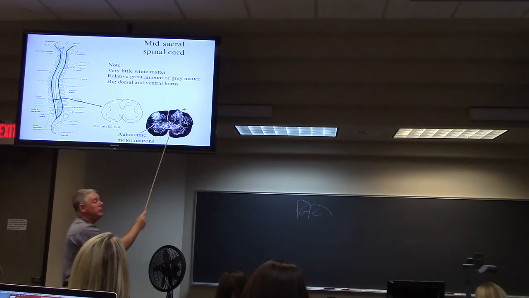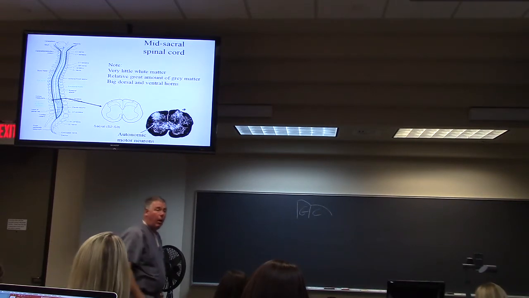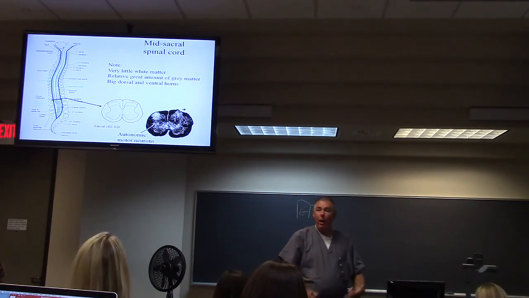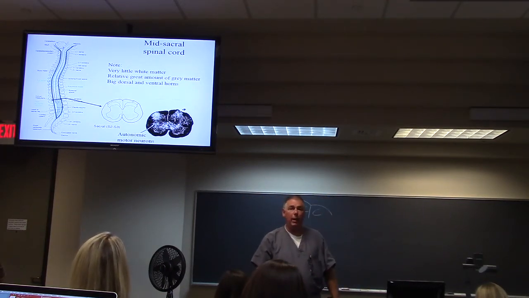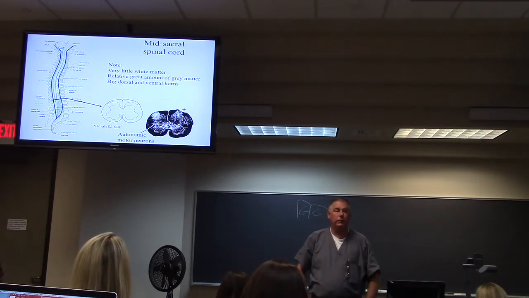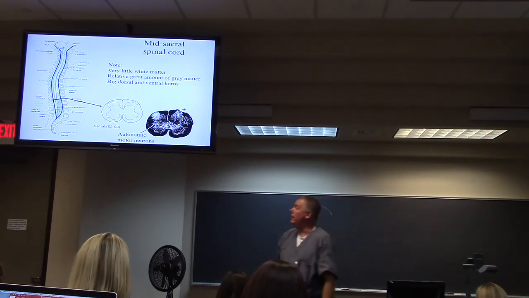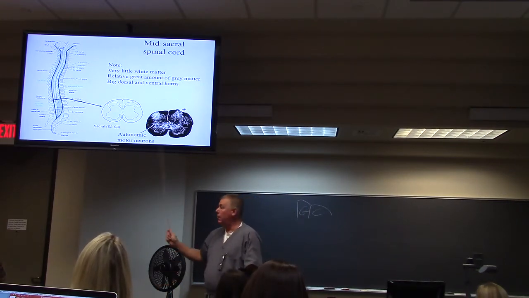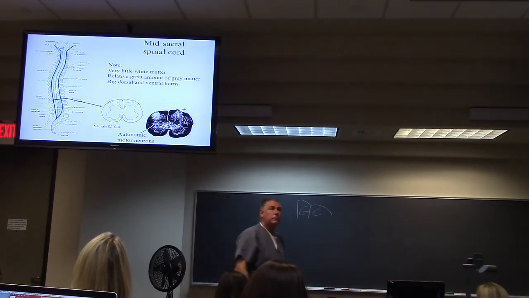The gray matter looks disproportionately large. Why? Because you've got all of these lower abdomen and pelvic organs you're supplying, in addition to the sensory components, and the pudendal nerve is S2, 3, 4, big time. Gray matter.